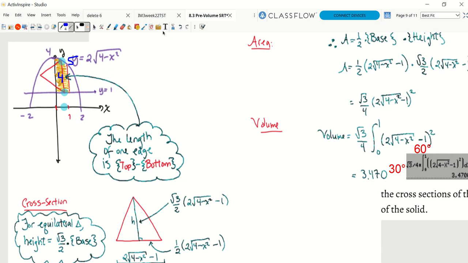Do you agree that the y-coordinate for this top blue is this right here? But this function represents blue to blue, and we're interested in middle blue to top blue, so what do we have to do with this function? Subtract 1. Does that make sense?